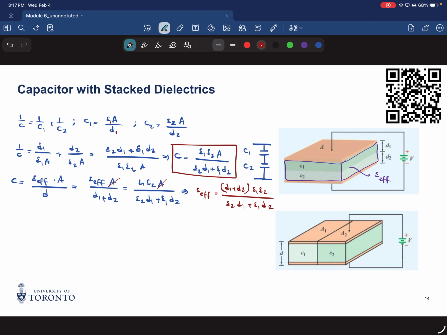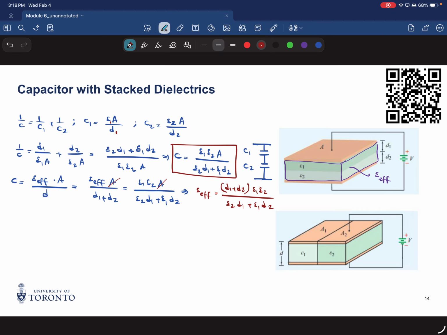Yes, it's the effective one if you had to replace both of those dielectrics with just one, the equivalent of both of them, with the thicknesses of D1 and D2. Because sometimes you need a certain permittivity for your application, but that permittivity doesn't exist with natural material. What you can do is stack two available materials, vertically or horizontally, to get to the permittivity that you want.